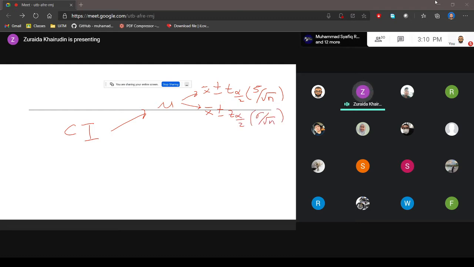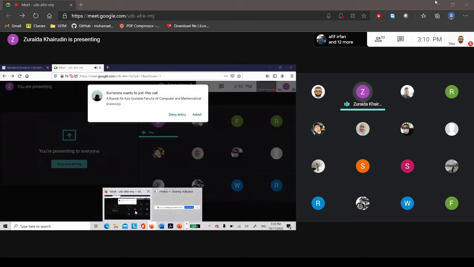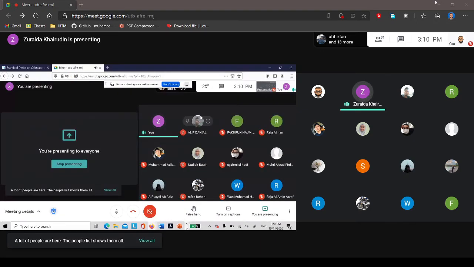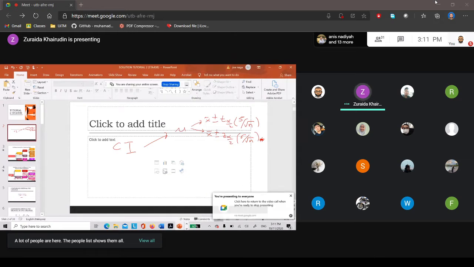Make sure you know how to differentiate. Usually we will use this formula when sigma is unknown. What is sigma? Sigma is population standard deviation. What is s? S is sample standard deviation. First of all, you must know what is sample standard deviation and what is population standard deviation.